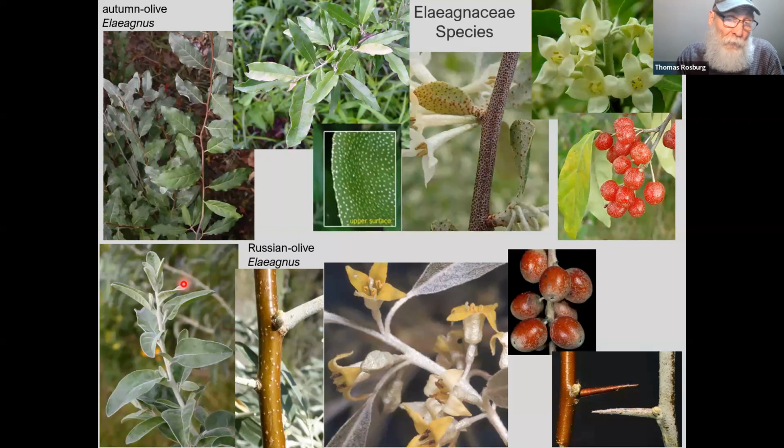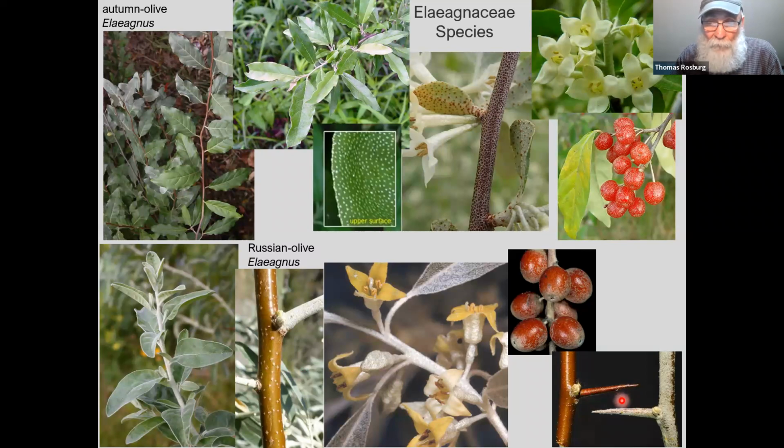But the way that these two are usually separated is on the basis of this characteristic right here. Autumn olive has brownish red scales mixed in with the silvery scales on the twigs and even some of the leaves. And that doesn't happen on Russian olive. Russian olive does not have any brownish reddish scales on the twigs here or on the leaves.